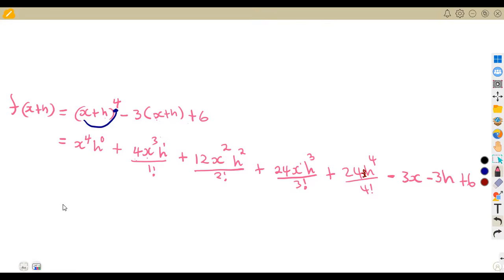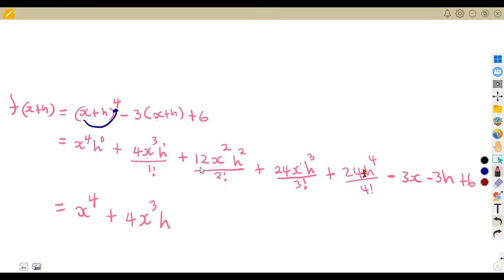Okay, so now let's simplify, guys. H to the exponent of 0 is 1, so this is just gonna remain as x to the exponent of 4. We simplify here, this is going to give us plus 4x cubed h.